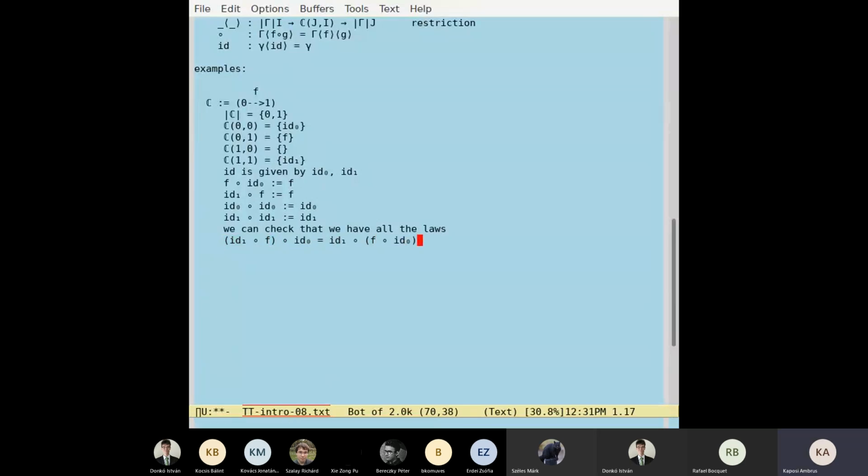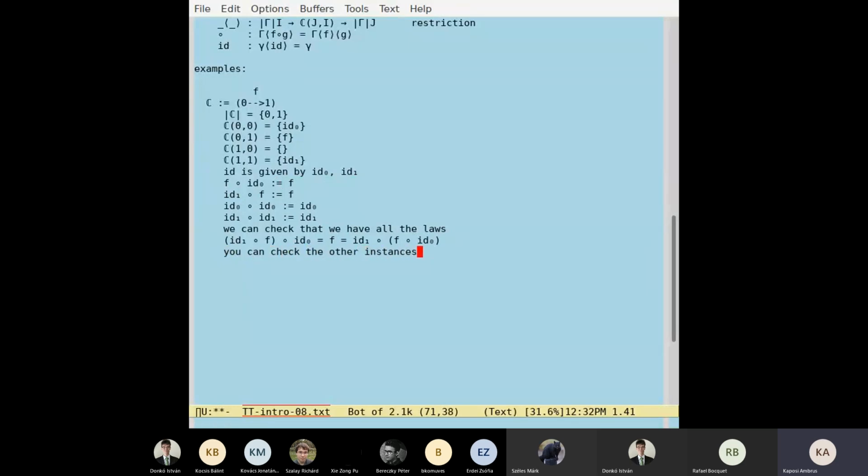We need to prove that this is true, but in fact, by definition of the composition, F composed with ID is just F, so this is just F, and it's the same here. F composed with ID is just F, and if I compose F with ID 1, I still get F. So for this instance, it works.